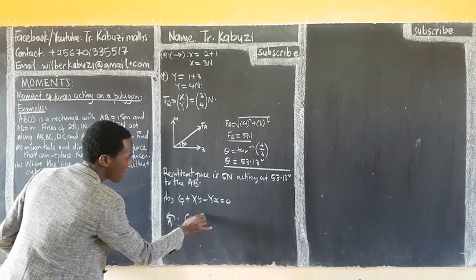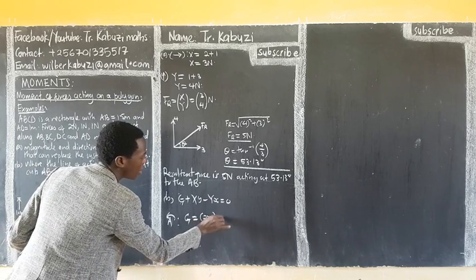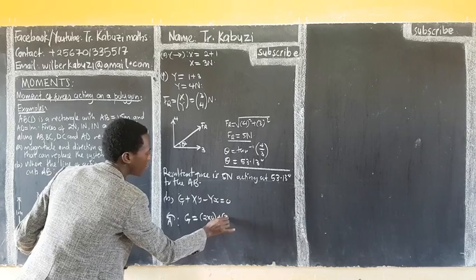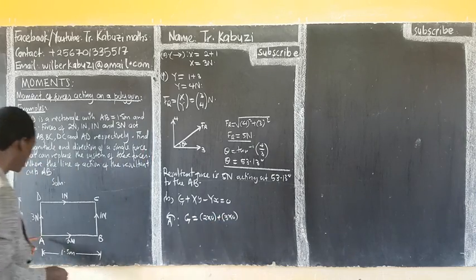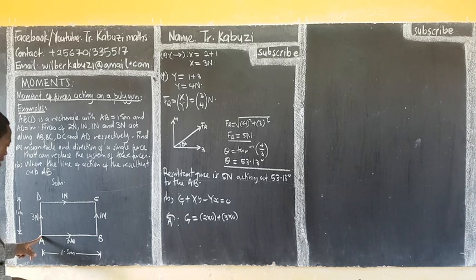So we have 2 times 0, plus 3 times 0, because these ones don't have perpendicular distances. Remember that we are taking moments at A. Any force that is coming or going away from A has 0 as the perpendicular distance.